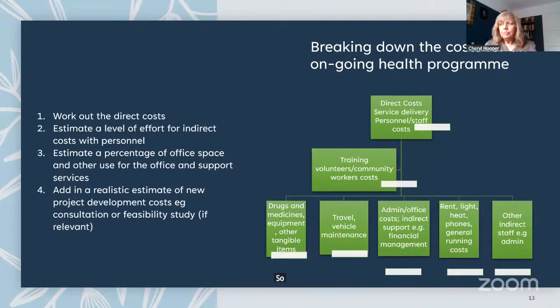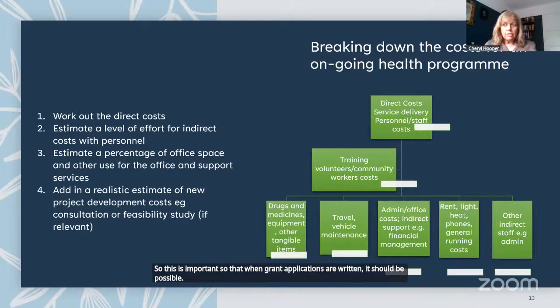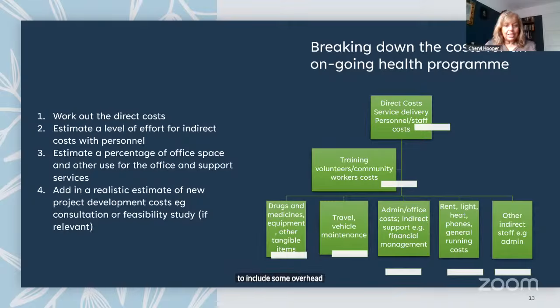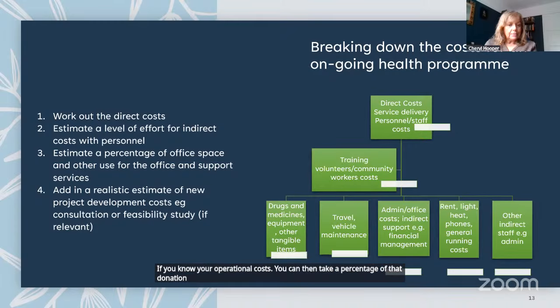This is important so that when grant applications are written, it should be possible to include some overhead costs in them. And if you receive funding from other sources, such as individuals or fundraising activities, if you know your operational costs, you can then take a percentage of that donation and allocate it to your core costs.